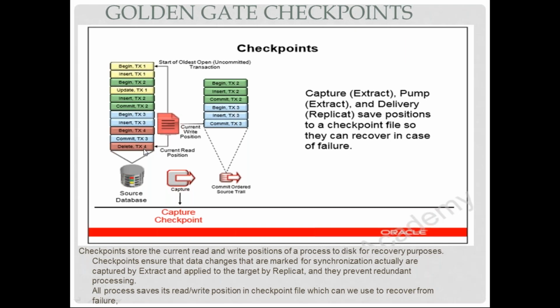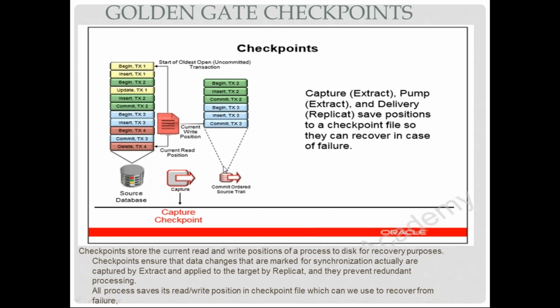And transaction 4 is still active here. The thing is, checkpoint extract will have a pointer to the very first open transaction, the oldest, and also a checkpoint to the current active transactions, and of course this will have the write one.